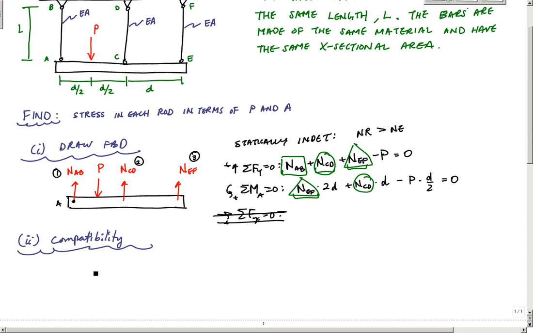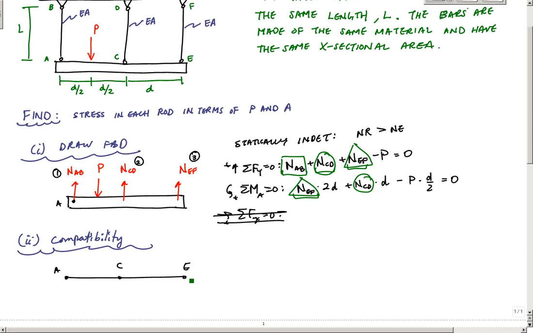Okay, and when I apply this load P here, what's going to happen if I have initially, let's say, this is point A, here is point C, and here is point E? This whole thing is going to move down a little bit.